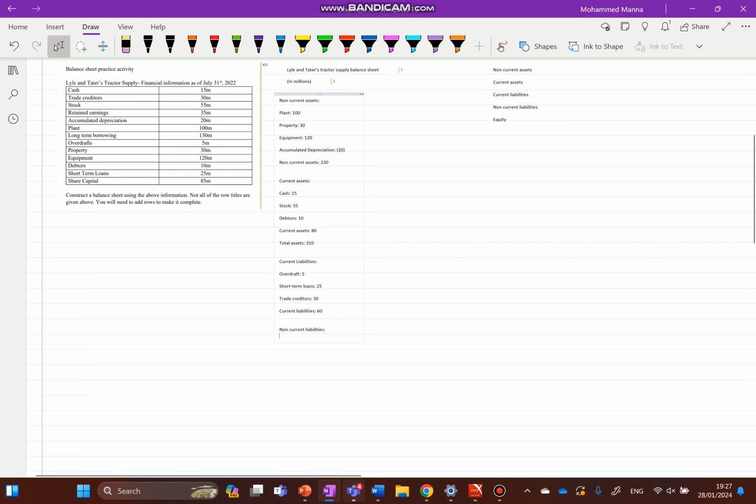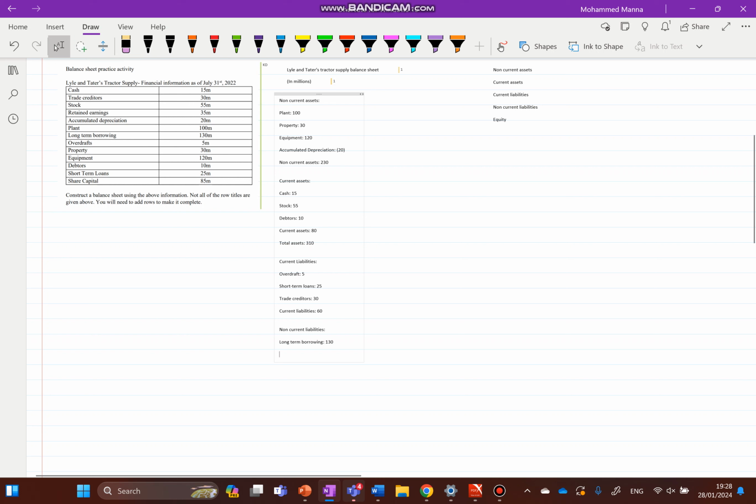This is much easier if you highlight it, of course, because you'd remove each option and narrow it down. But for non-current liabilities, you have long-term borrowing, which is 130 million. And those are the only non-current liabilities.